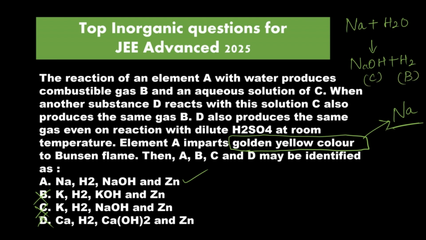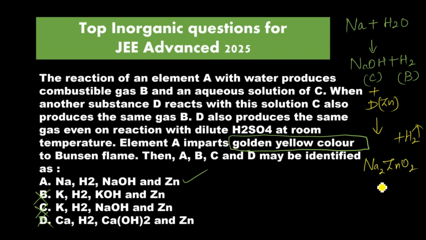Then what we have: when another substance D reacts with the solution C, it also produces the same gas. So D, we are taking that as zinc, right? So that metal with alkali will produce H2 gas, that is B, along with sodium zincate, correct?